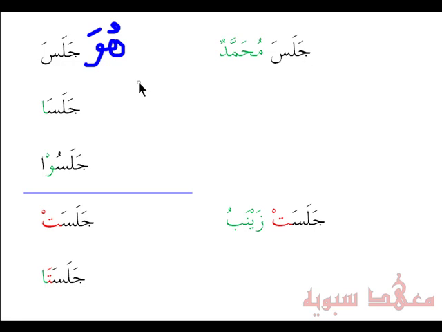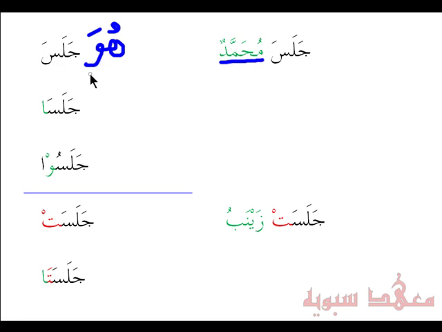Now if we go to the right hand side, it's the same verb used, jalasa. Now after it we have the name Muhammad, and it's marfu'. Remember we said that the fa'il, the doer of the verb, will always be marfu'. So in this case it's got the 2 dhammas, and this will be considered the doer of the action.